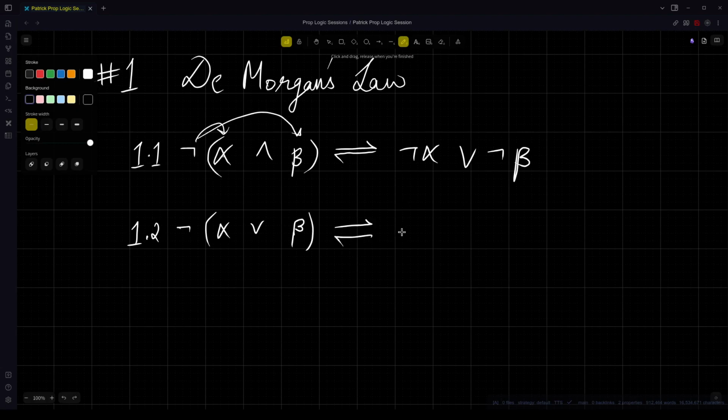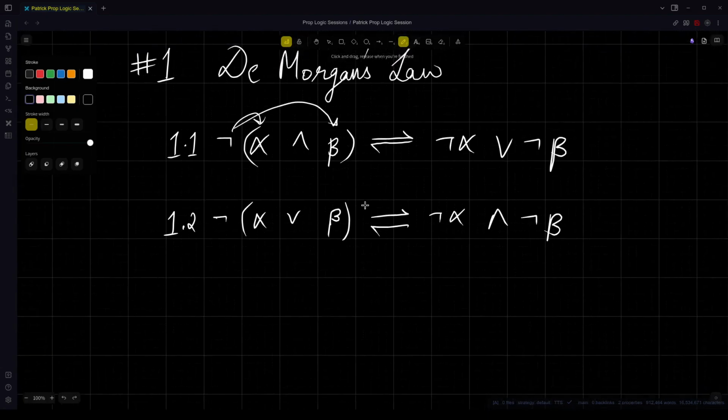And then I'm guessing it's going to be the same thing, not alpha and not beta, if you flip it again. Exactly. You're getting the drift, right? So that's basically De Morgan's law. There's one version which goes from a conjunction to a disjunction, and one version which goes from a disjunction to a conjunction. It's very simple.